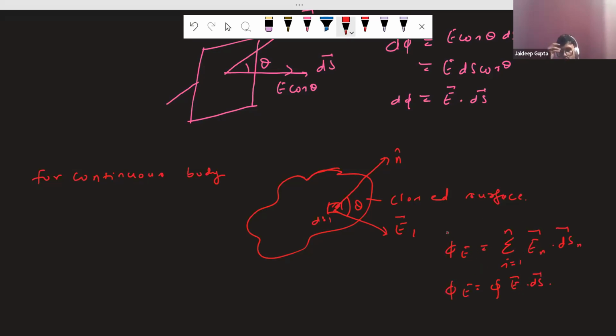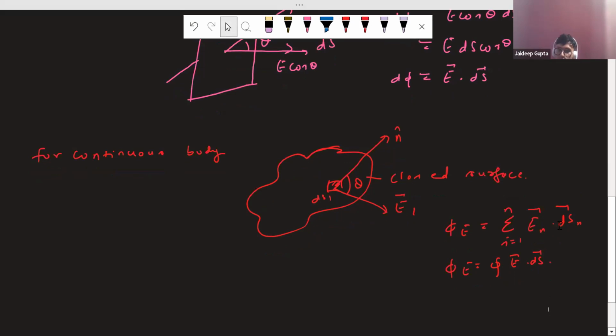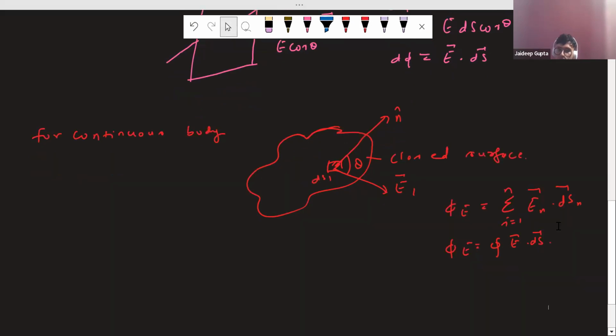So whenever you get a closed surface, let it be that the electric field is variable. Fine. So if we have to find out the electric flux, we have to integrate with respect to area. Okay. What do you mean by electric flux? It means the number of electric field lines passing perpendicular to the given surface area.